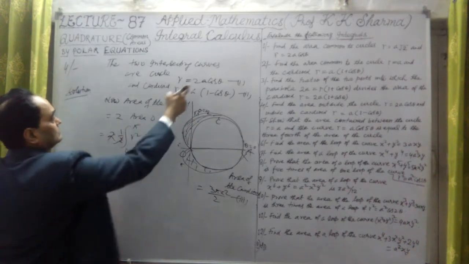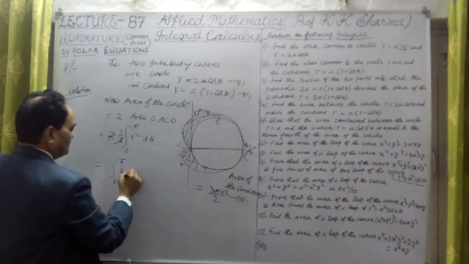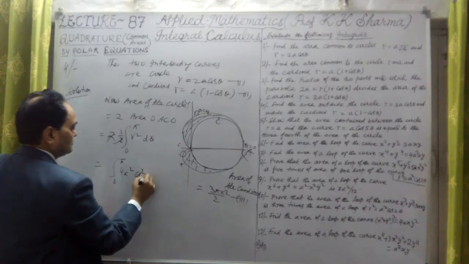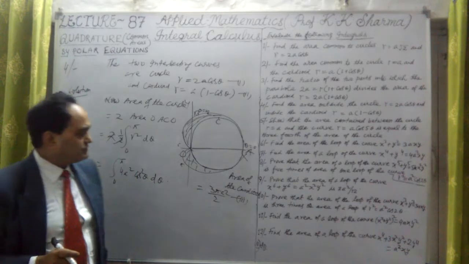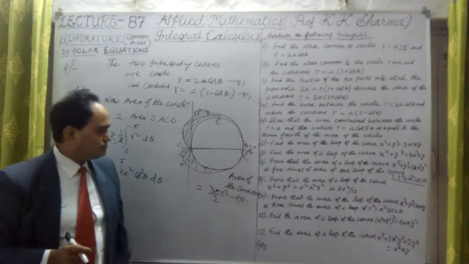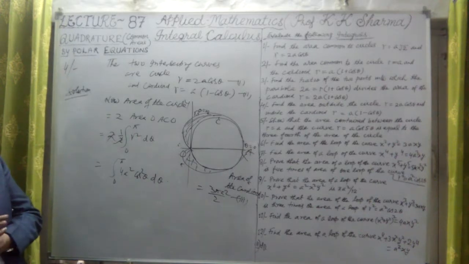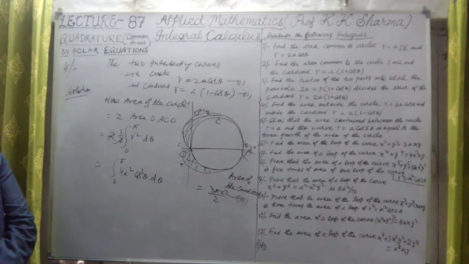R square is 4a square into cos square theta into d theta. Okay, is it pi by 2 or pi here as the limit? Let me think about it. Now here, in case of the circle, the limits are 0 to pi only. Okay, 0 to pi we have to find out.